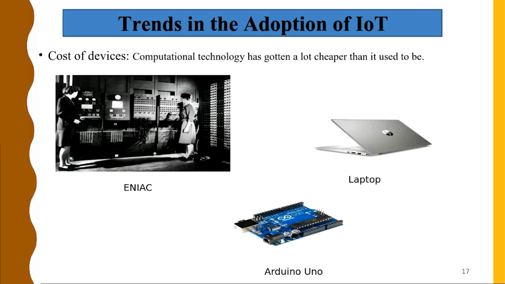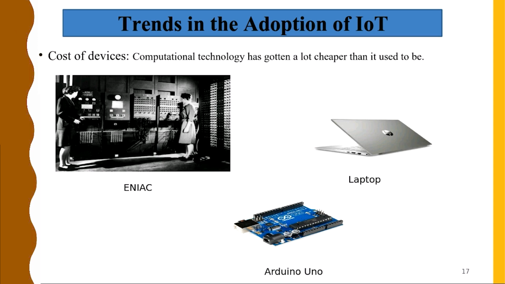This is the one picture that I have kept in front of you. What are the reasons that are leading to the adoption of IoT? What are all the advancements, what are the reasons that are making this IoT so trending?